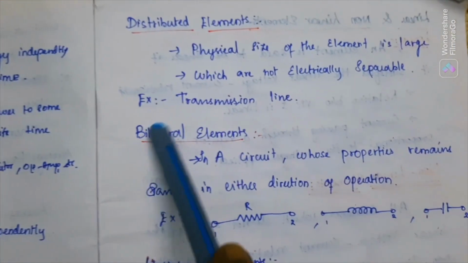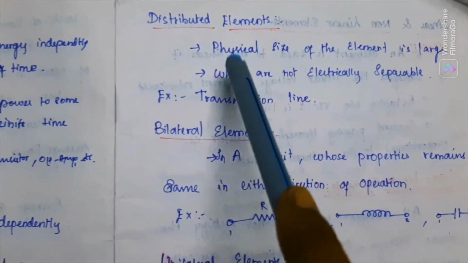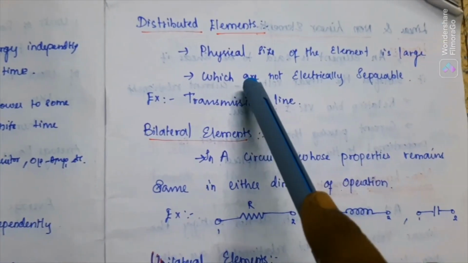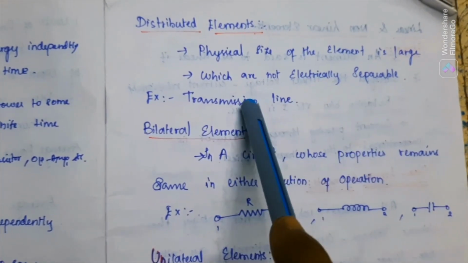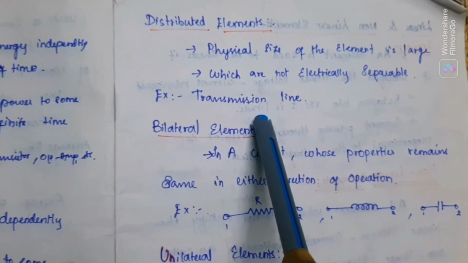Next one is distributed elements. Distributed elements means the physical size of the element is very large and we can't do electrical separation. For example, transmission line. You all know a transmission line is very large in size.